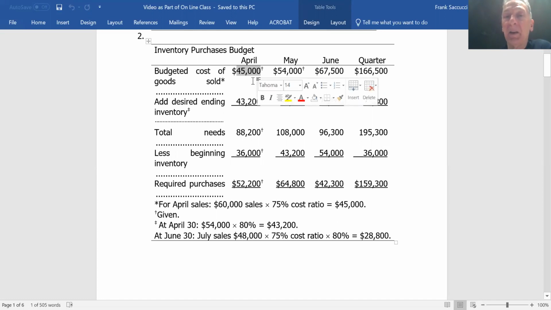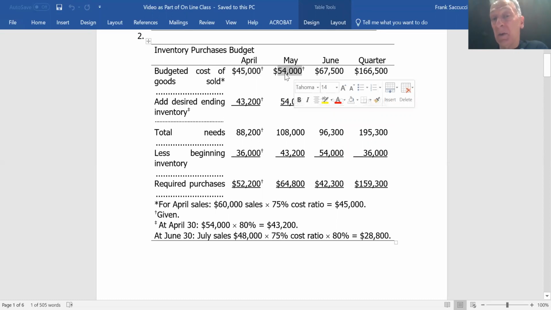So in April, if we believe $45,000 worth of inventory at cost goes out the door, we also have a management philosophy in this fictitious example that we want 80% of next month's cost of sales to be our ending inventory. In other words, whatever we believe we'll sell next month at cost, and again, we're going to sell it for more than $54,000, but all it's telling us is how much inventory we're going to have to surrender to get a greater amount of sales.